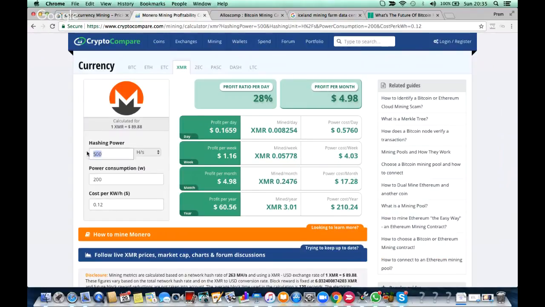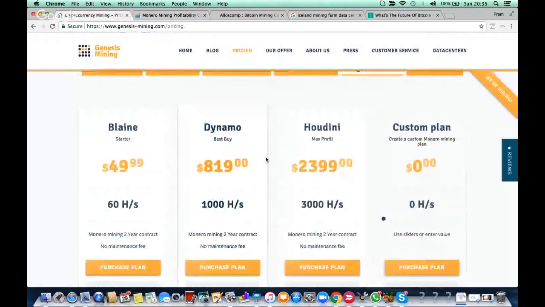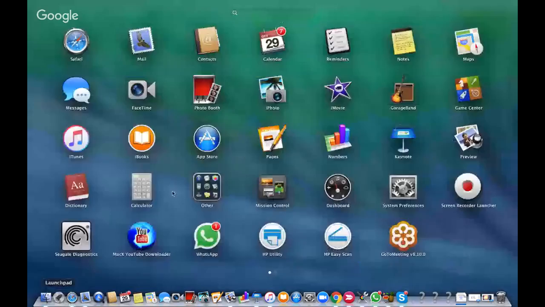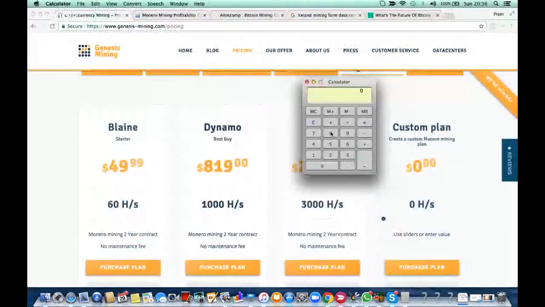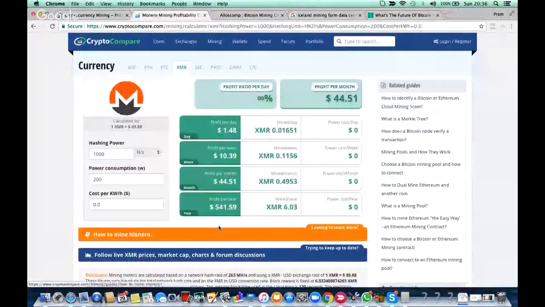So let's put in here 1,000 hashes, right? And the kilowatt electricity is down to 0. So basically, your 1,000 hashes worth of power will produce you $541 in return in the first year, and you still have the second year to go. So if it cost you $819 for a 2-year contract, let's try and work this out now. $819, and then let's divide that by, how much was it again? 541.